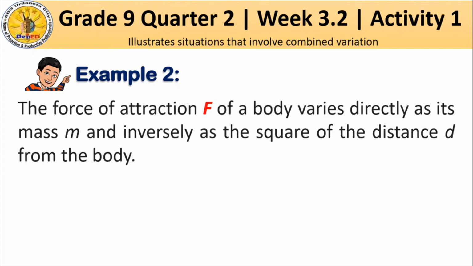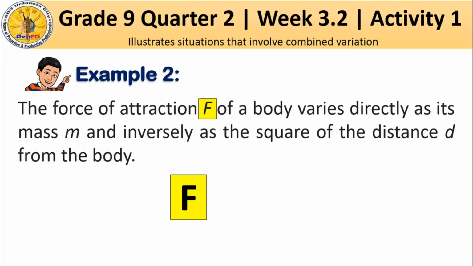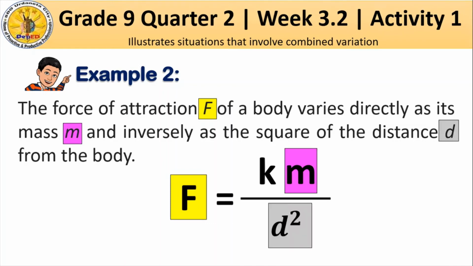Variable F represents the dependent variable, while variable m and d represent independent variables. So we could translate this situation now as F is equal to k times variable m all over the variable d squared.